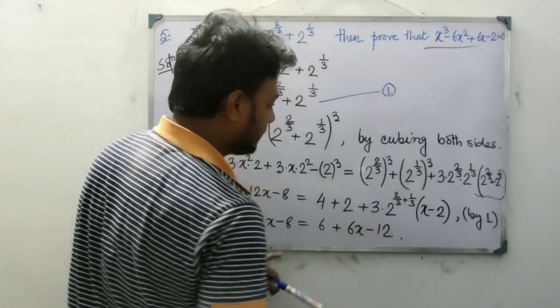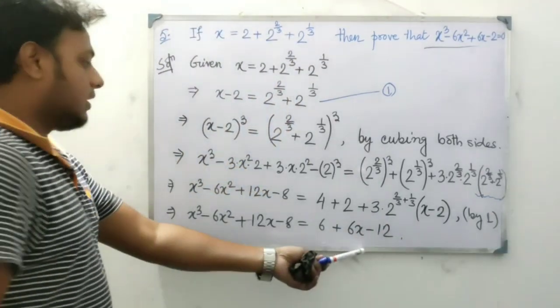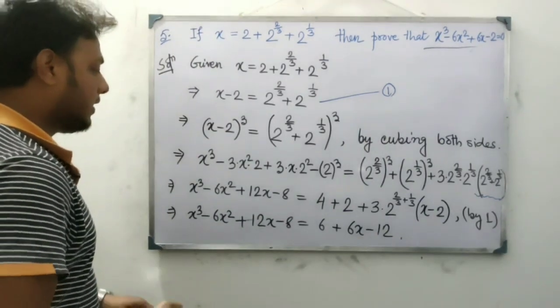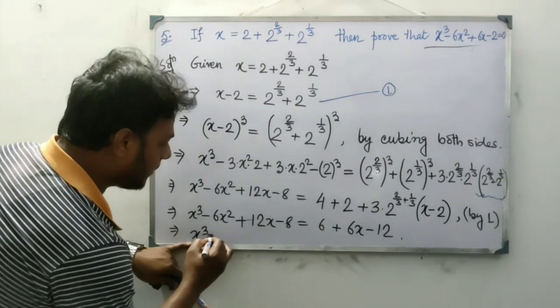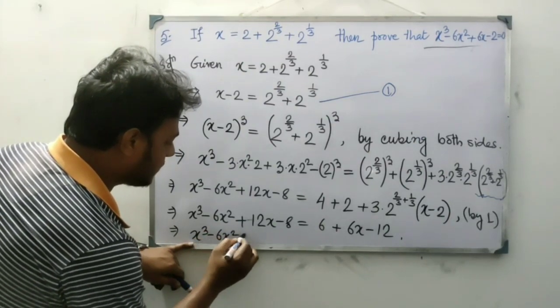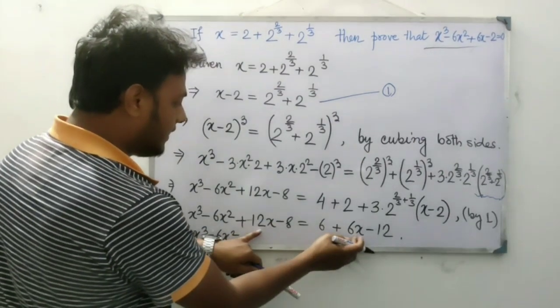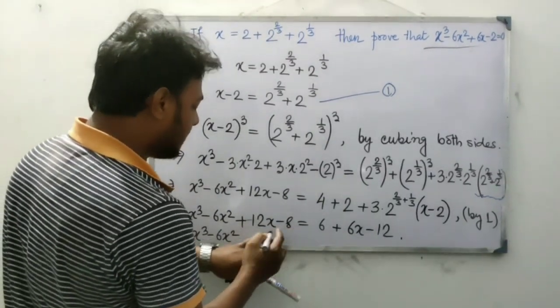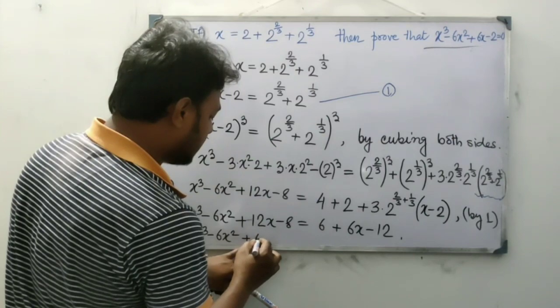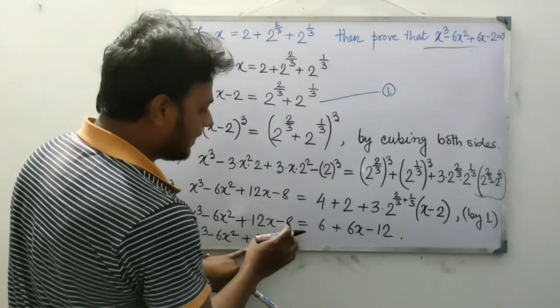Okay, so now consider all the terms on one side, then you will get the answer. So on the left hand side, x cube minus 6x square. So 12x is there. If you consider this 6x on this side, then 12 minus 6x, 12 minus 6x means 6x only. And minus 8 is there.